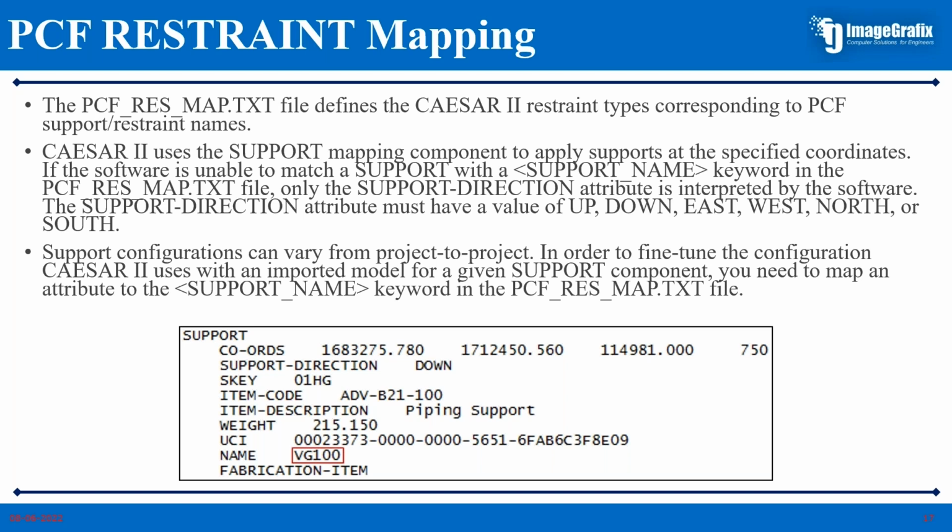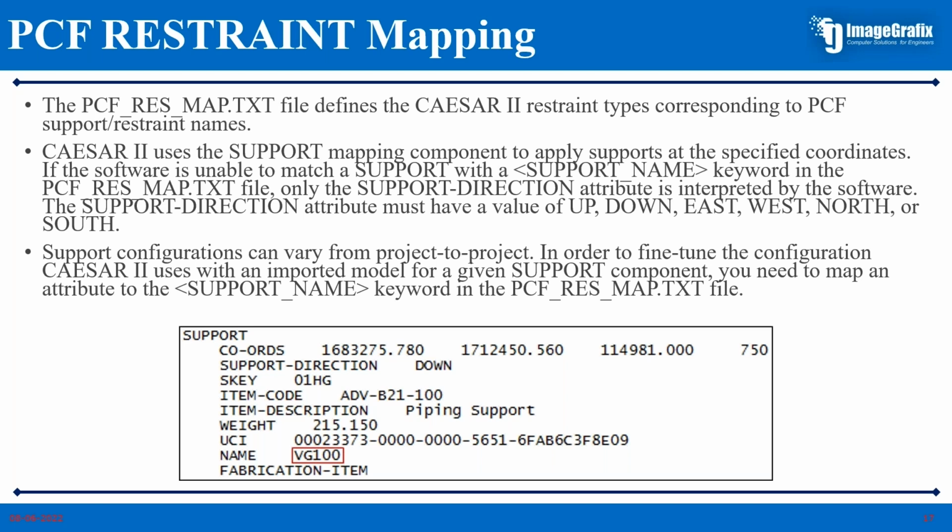So this would be one-time work for a project, or even for an organization. CAESAR II can read the support name in your PCF. So the support name is the primary thing, and the support name would be my name in my PCF file. Or there are chances of the support tag. So again, in the PCF, if I have the tag for that particular support, I can use that, or I can use some item codes or a key.